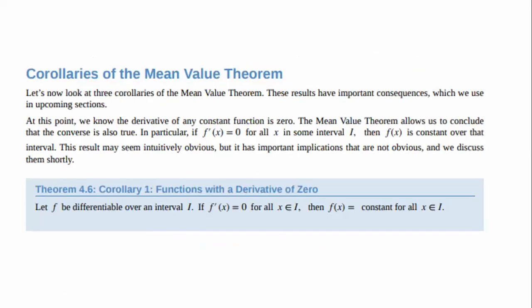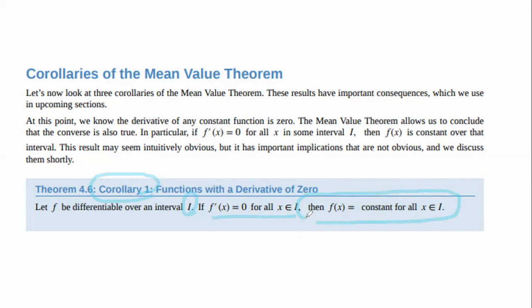Okay, now corollaries of mean value theorem. Corollary 1: if a function is differentiable on interval I, and if the derivative of f of x equals 0 for all x that is a member of I, then f of x equals a constant for all x in I. So what does this mean?